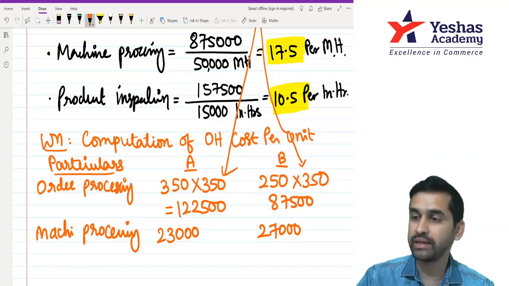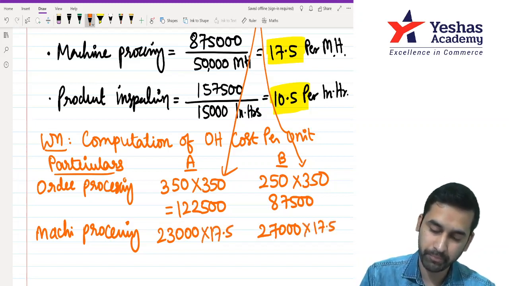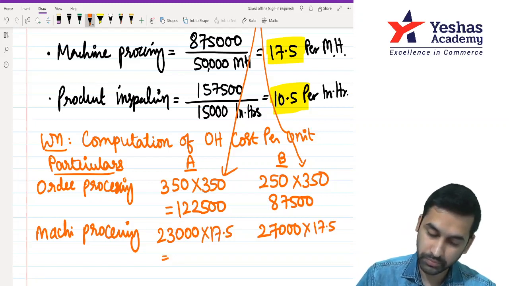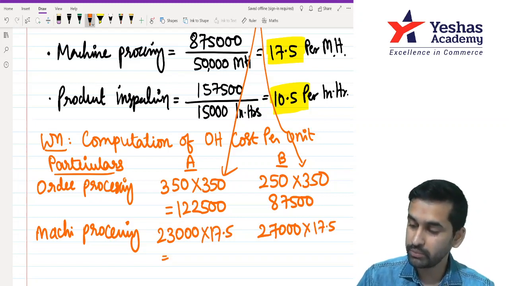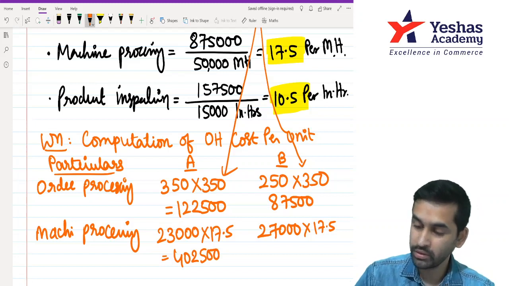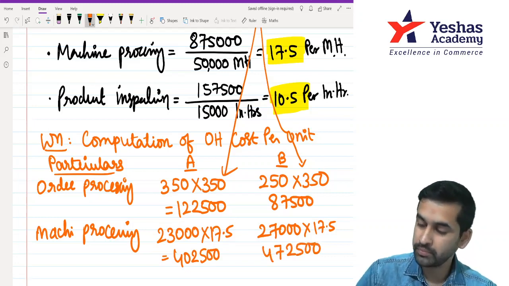You have just now calculated 17.5. 23,000 into 17.5 is 402,500, and 27,000 into 17.5 is 472,500.